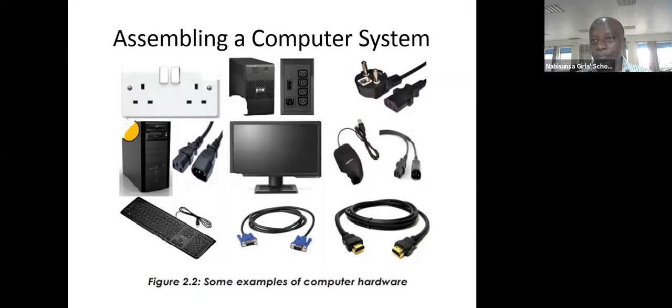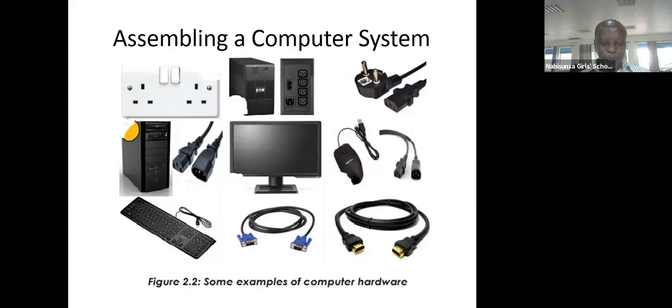A system, like, you mean a computer system or just system? System. Yes, system. A system is interconnected parts that work together to achieve a set of objectives.